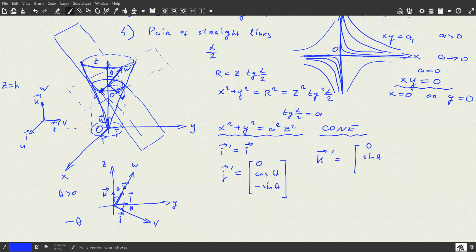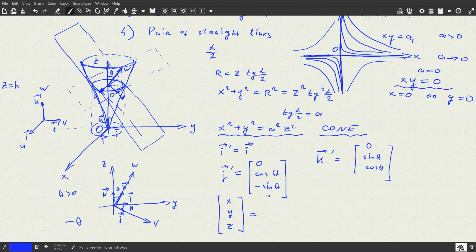When theta is 0, then it is 0 projection, cosine theta. Okay, and therefore the matrix of transform between x, y, z and the new coordinates would be a very trivial one.